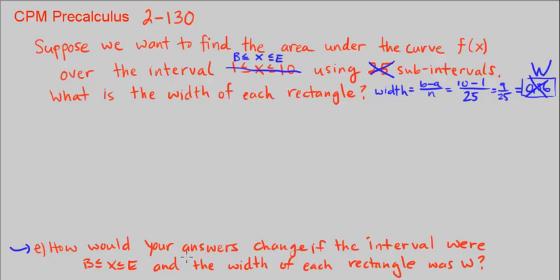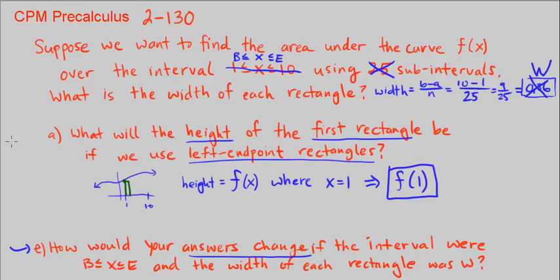We're going to say, how would your answers change? So let's go ahead and look at A, and say, well, how would the answer change? Well, remember, for part A, we were looking at the height of the first rectangle. It was f of that first point where the region started at 1.